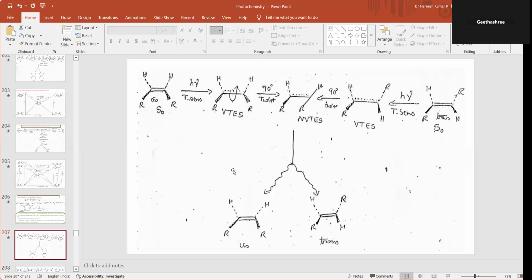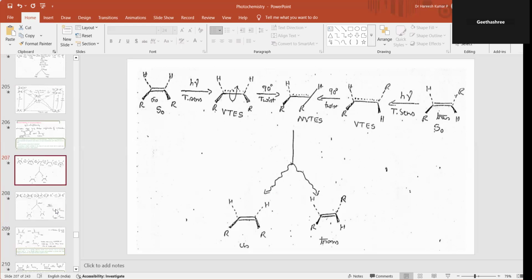And this is again a continuation of the mechanism of triplet, when we are using triplet sensitizer for the excitation of the olefin, it will give you the non-vertical triplet excited state. This will give you the mixture of cis and trans product.